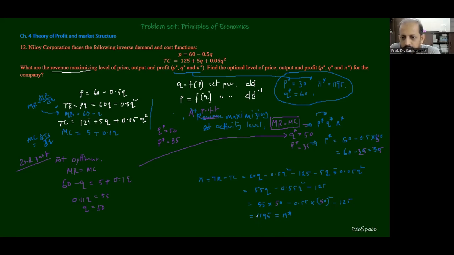So this is actually not 1195 now. If we multiply by 50 instead of 60, we can get the value 1250. So this is 1250, which is equal to pi star.